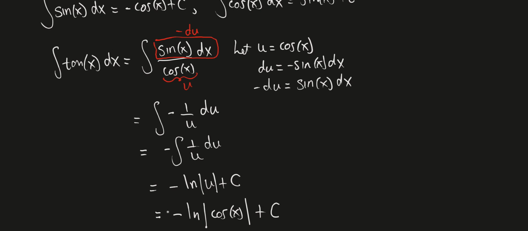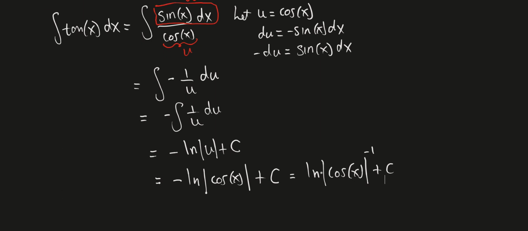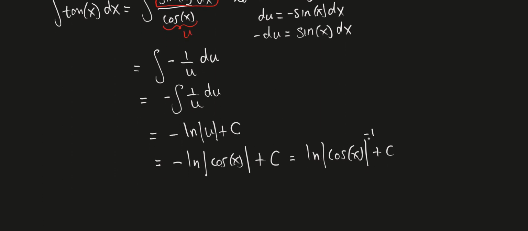But it can also be written, let's say you don't want that negative coefficient, using a property of the natural log: bring that negative sign up and make it a power of the absolute value of the cosine of x. That's a property of any logarithm. And then a property of absolute values allows me to bring this negative inside.